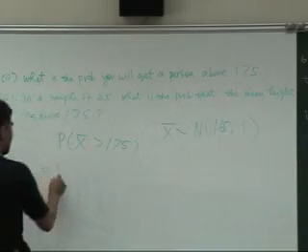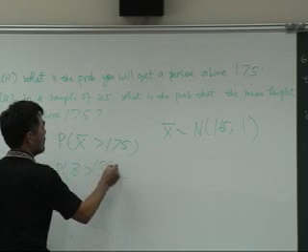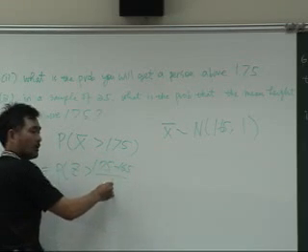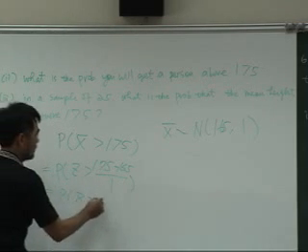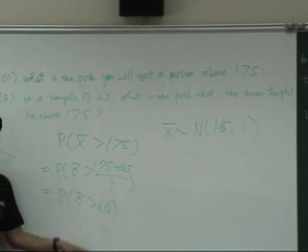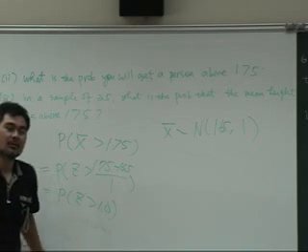Then you have the probability of z greater than 175 minus 165 divided by 1, so you have P z greater than 10. So what is the probability for P z greater than 10? 0, right?